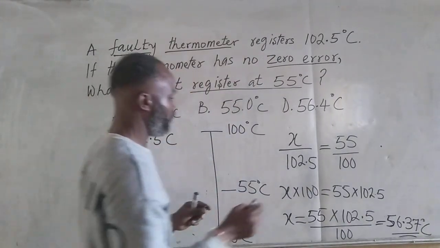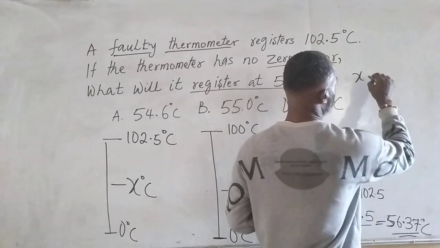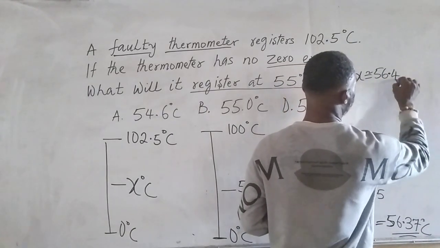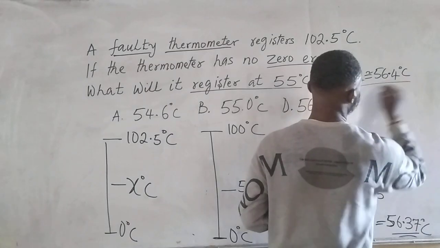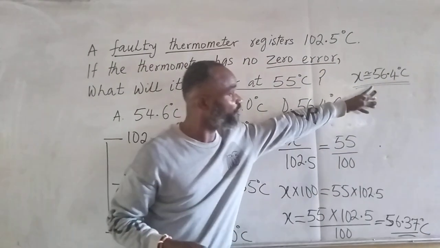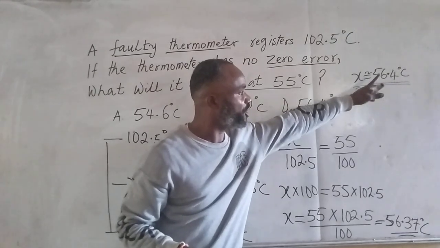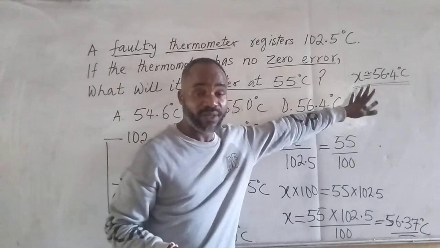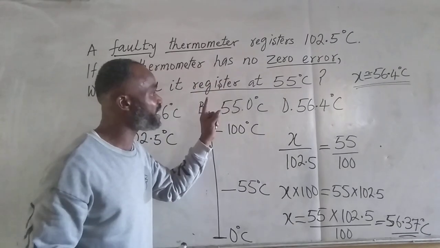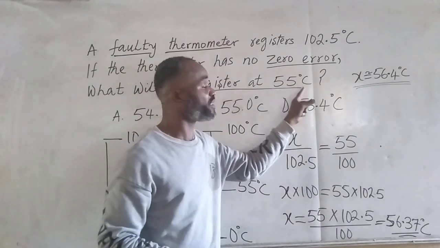Approximately, x is 56.4 degrees Celsius. So that's our final answer. That is what this particular thermometer will read at 55 degrees Celsius.